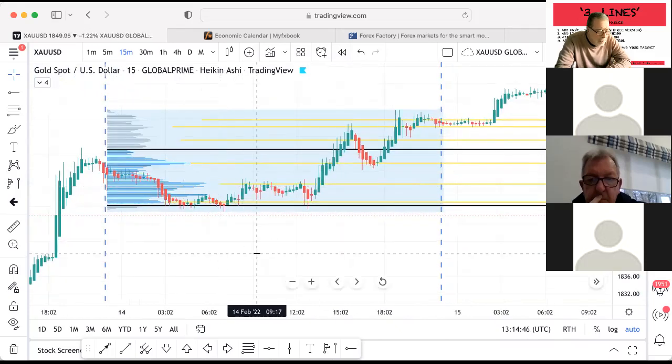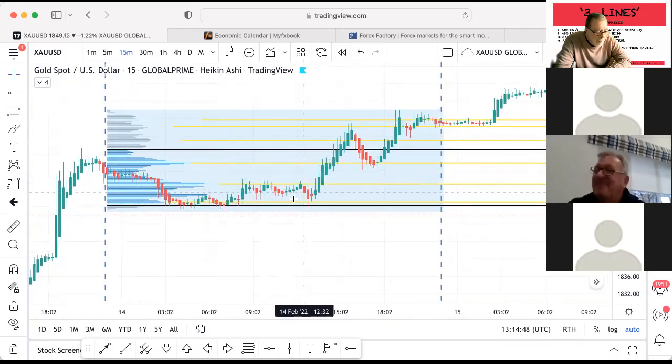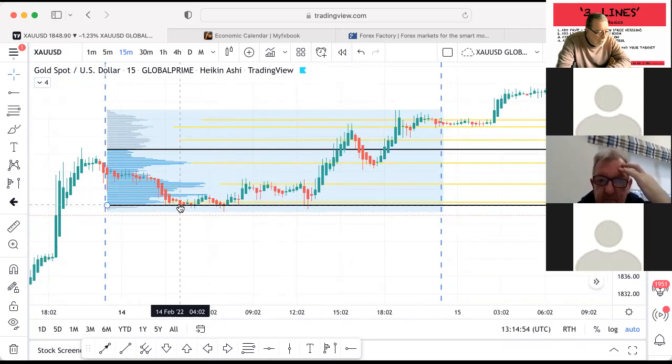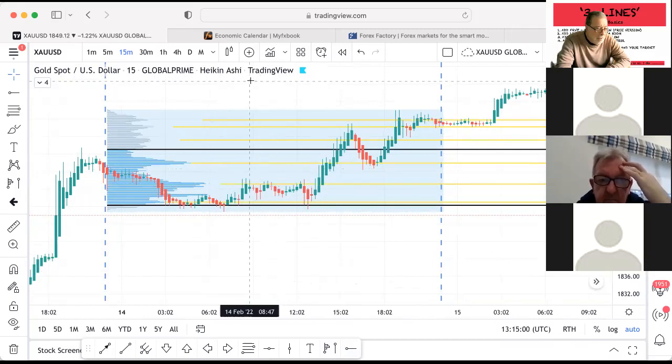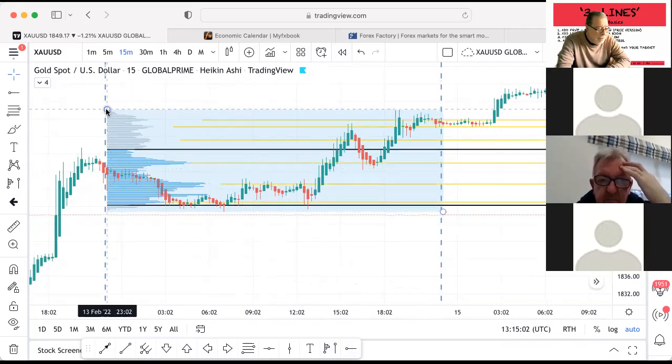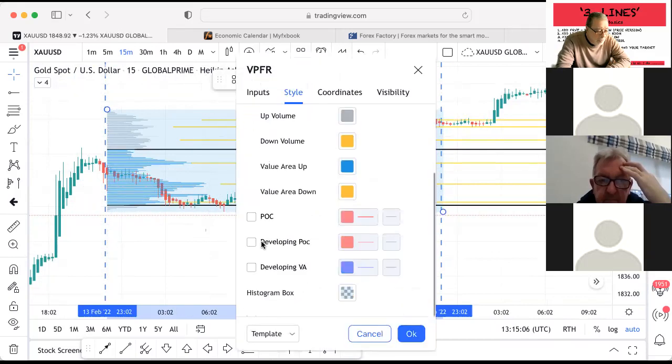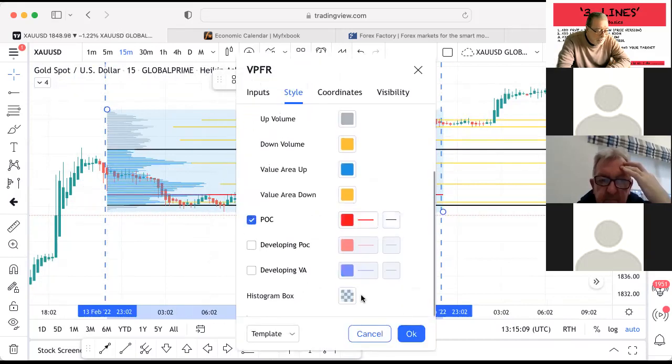So the only line that we have, we call it a 3-line strategy. So just ignore the fact that I put all those yellow lines on. I put this black line here, a black line there. That's 2 of the 3 lines, and the 3rd line we want to put on is the POC. So we go to the cog and we put POC on there.